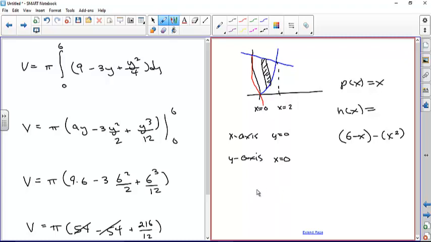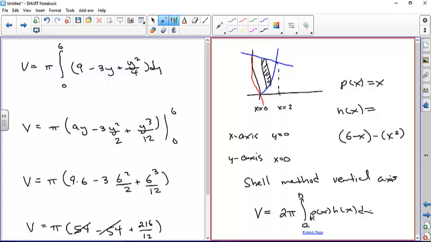And using the shell method around a vertical axis, that says volume is equal to 2 pi times the integral from a to b of p of x times h of x times dx.